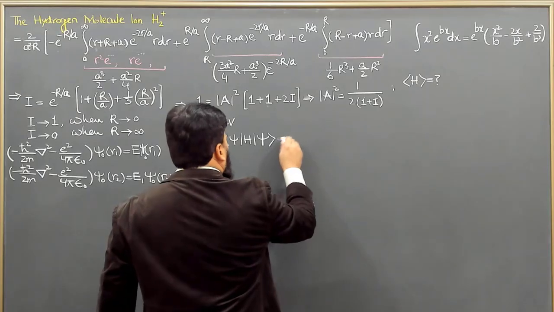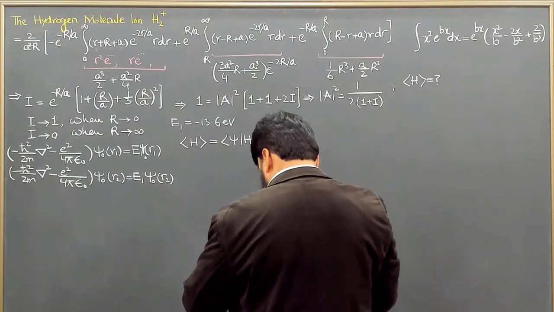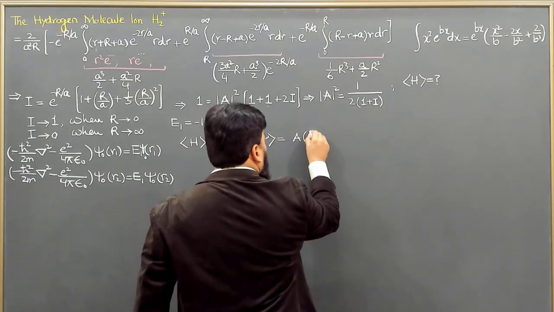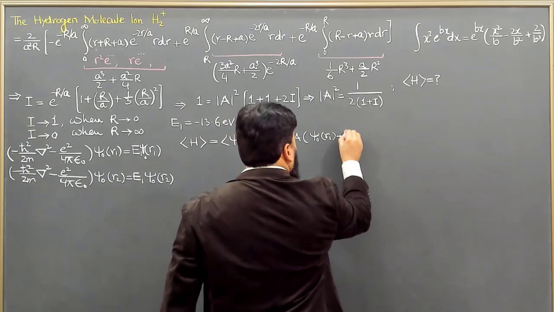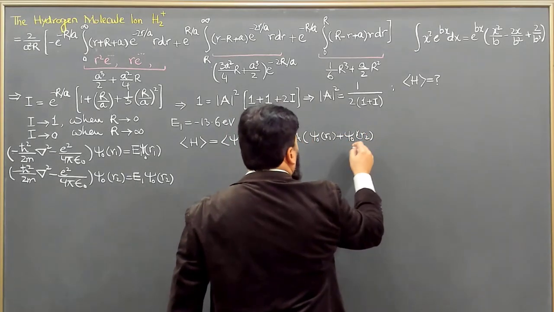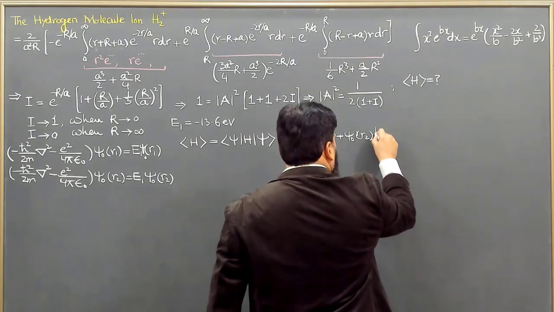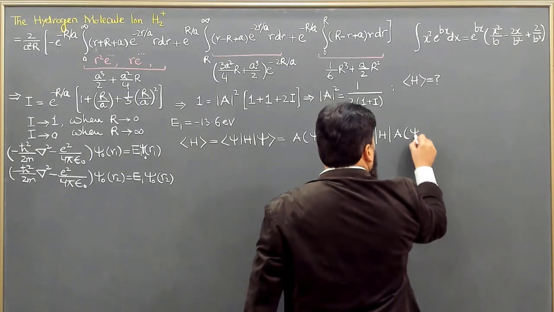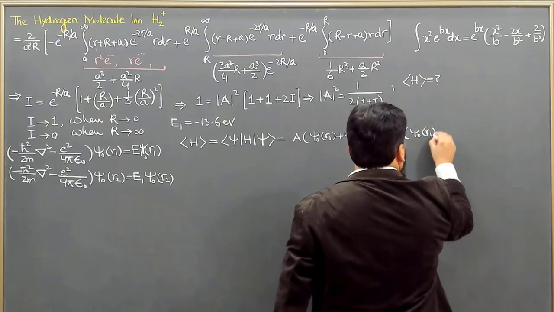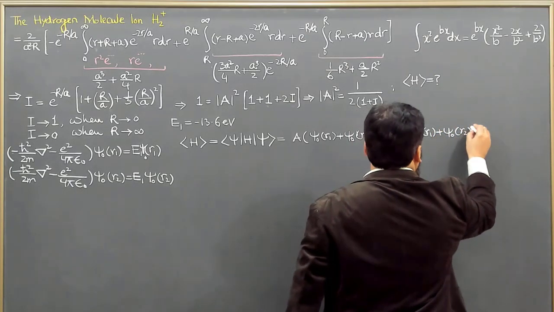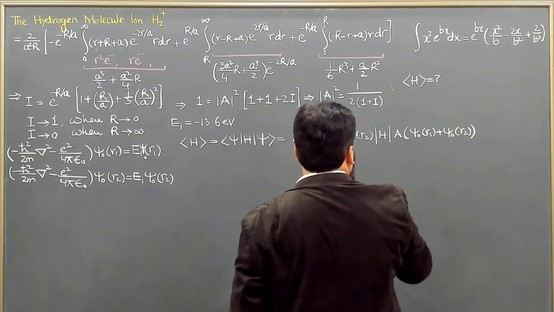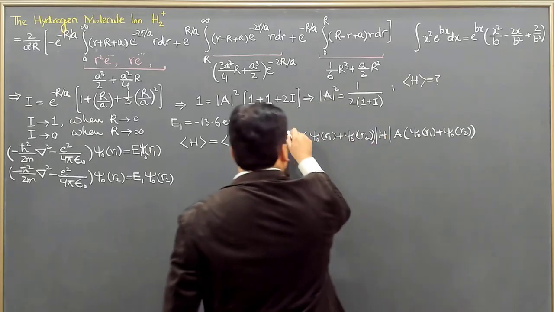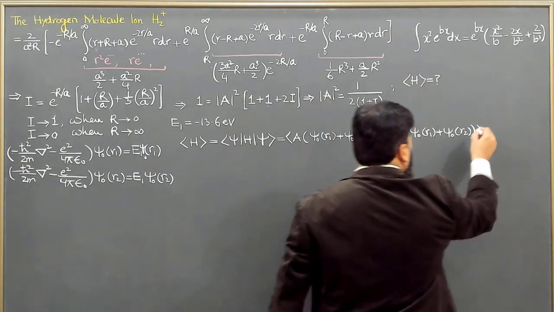So I can write this is equal to A times (psi naught R1 plus psi naught R2), multiplied by the Hamiltonian, and then again A times (psi naught R1 plus psi naught R2), and the bracket is closed here as well. So use the bracket notation here.